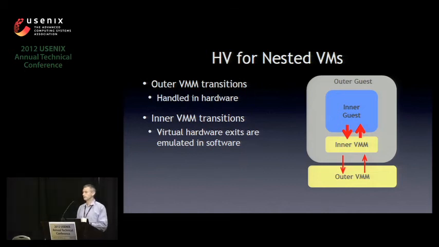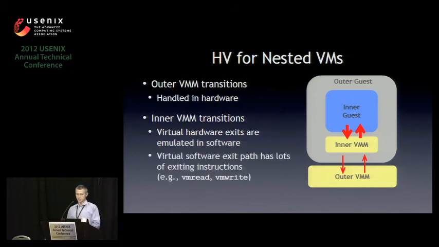For the inner VMM, things are quite different. The virtual hardware exits are now emulated in software, and therefore they're much slower. To make things even worse, the exit handling path of the inner VMM touches a lot of privileged state and causes a lot of exits on the outer monitor. So even the software part of an exit is slowed down.